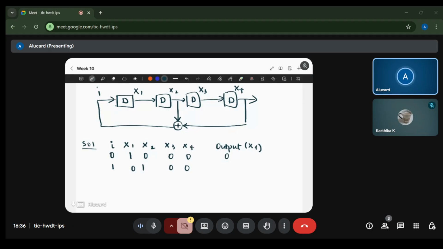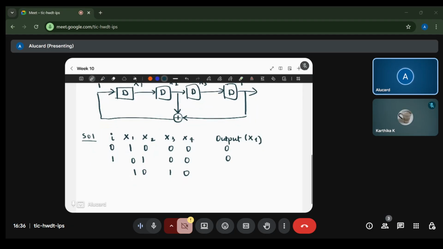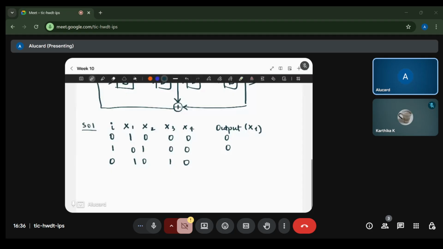Now when a clock pulse comes, this 1, 0, 1, 0 is shifted to x1, x2, x3, x4, and whatever is there in x4 will be given as output. Now the new input is x2 plus x4, 0 plus 0, 0. Again the same thing, just repeat. Output is 0, 0, 1, 0, 1. x2 plus x4 is now 0.